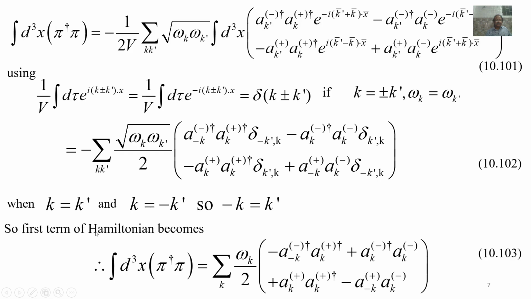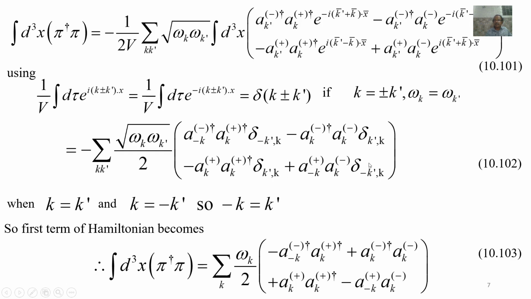Now, this equation 10.102 can still be simplified as equation 10.103. See here, look at the first term. Wherever you find minus k prime, that is minus k, this becomes 1, this becomes 1, this also becomes 1, this also becomes 1.